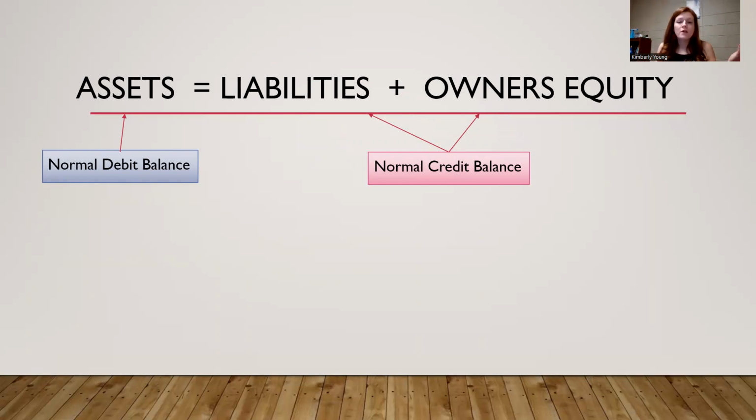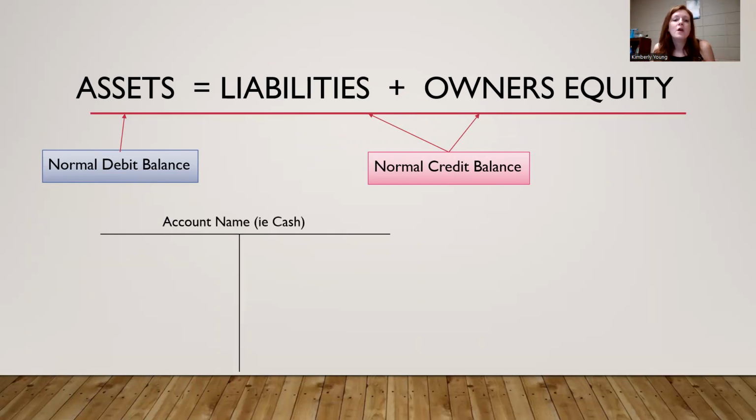Is a debit good? Well, it depends on what's happening to that. Is a credit good? Depends on what's going on there. So we're going to look at different transactions. It's not that one's a positive, one's a negative. It's just depending on which side of the equation it's affecting.